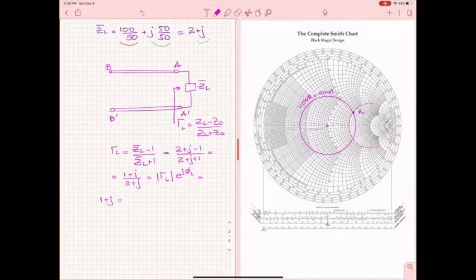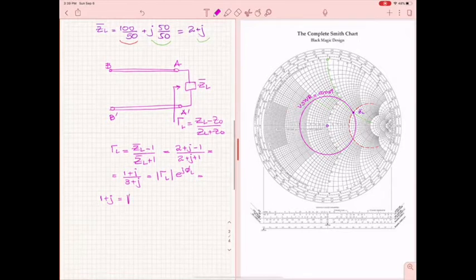It's the square root of 2, and then e to the j phi, where phi equals the inverse tangent of 1.